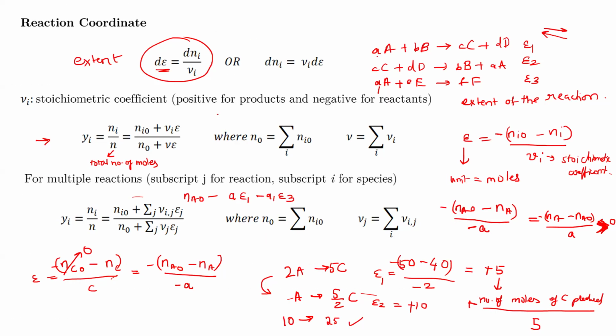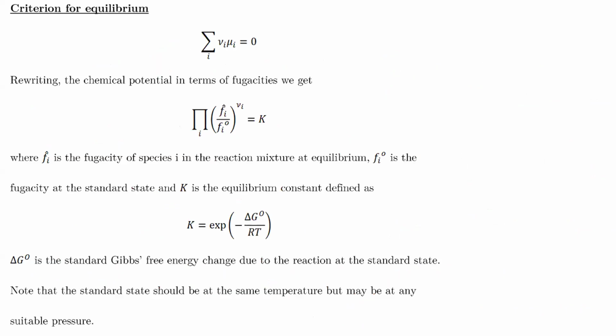Now, I think you have gone through the lectures also. Just for clearer explanation, I have described the ideal one. Now, the criteria for equilibrium is sigma of mu I into mu I equal to 0. And the reaction constant is written in terms of fugacities of each component in the system, where Fi cap is the fugacity of species I in the mixture, and Fi naught is the fugacity at the standard state.